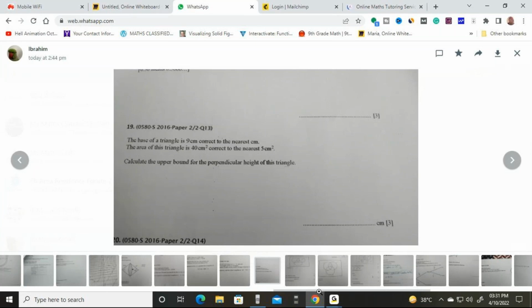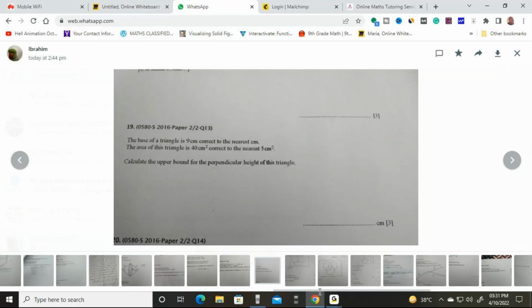Here in terms of base, my x value is 9 centimeters, which is the original value, and to make it correct to the nearest centimeter, y will be equal to 1 centimeter.